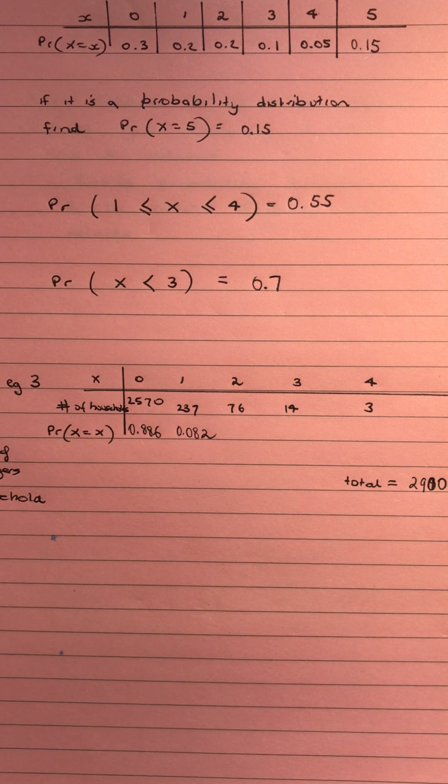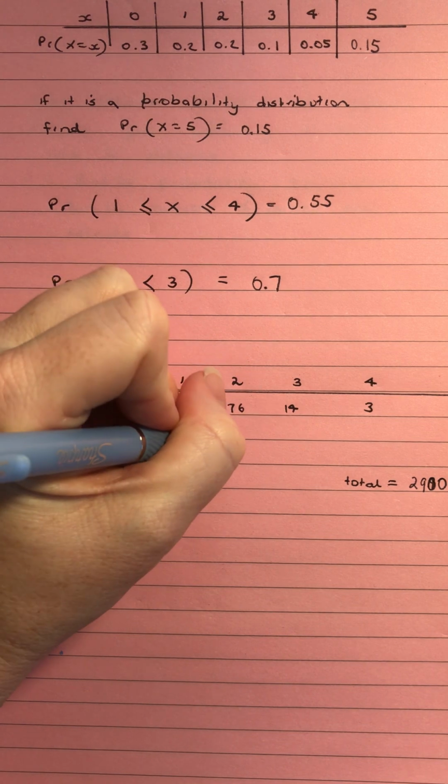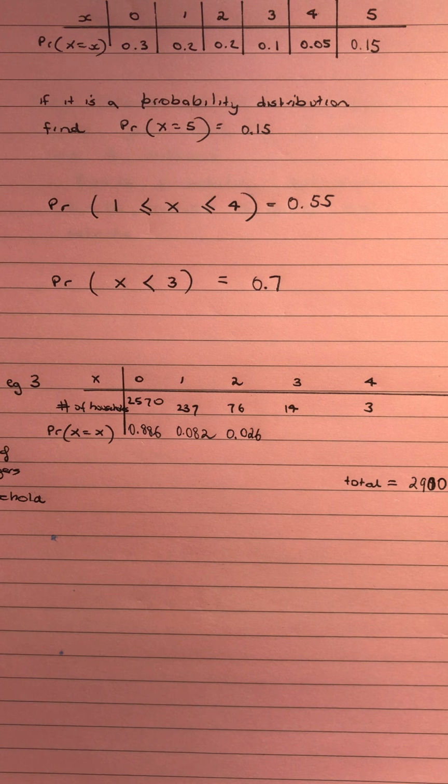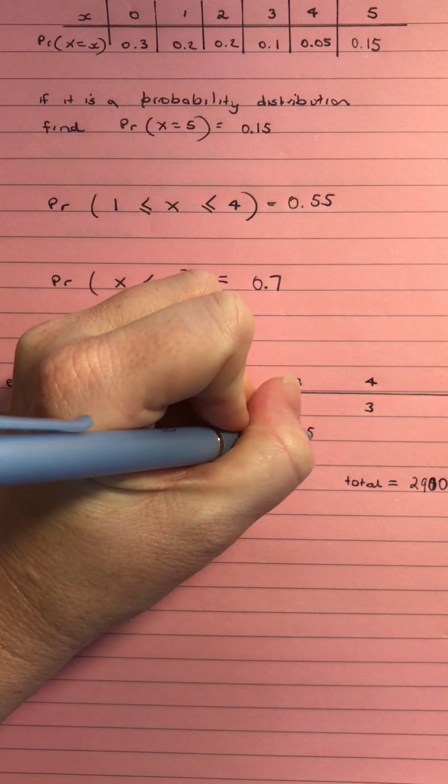Then I've got the 76 divided by 2900, so I get 0.026. And then the next one will be the 14 divided by 2900, which gives me 0.0048, so I'll round that to 0.005.